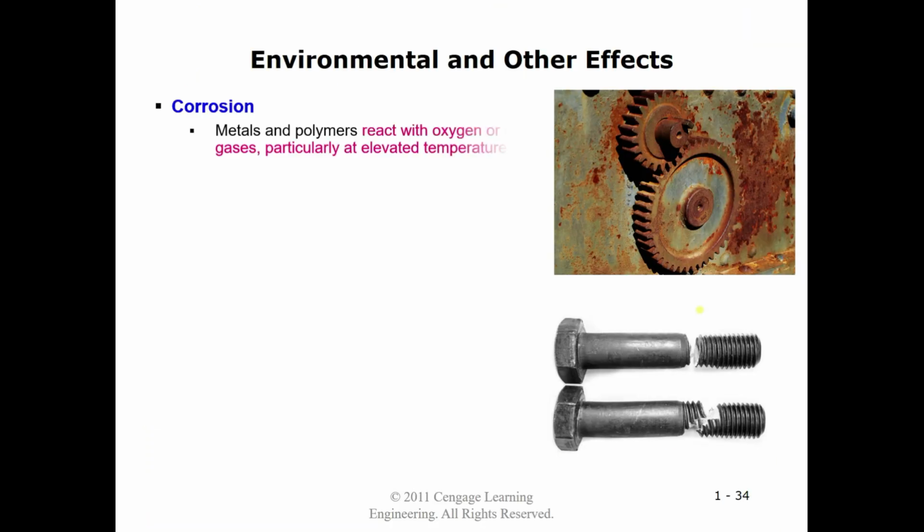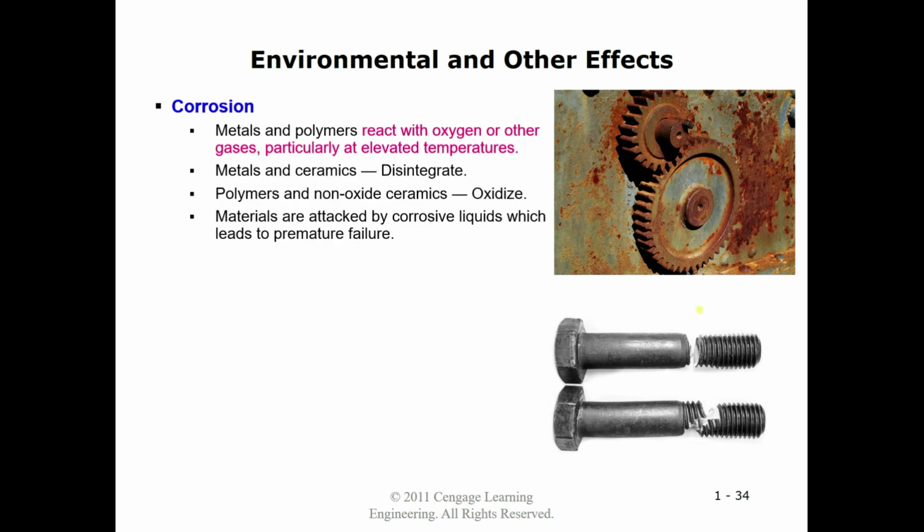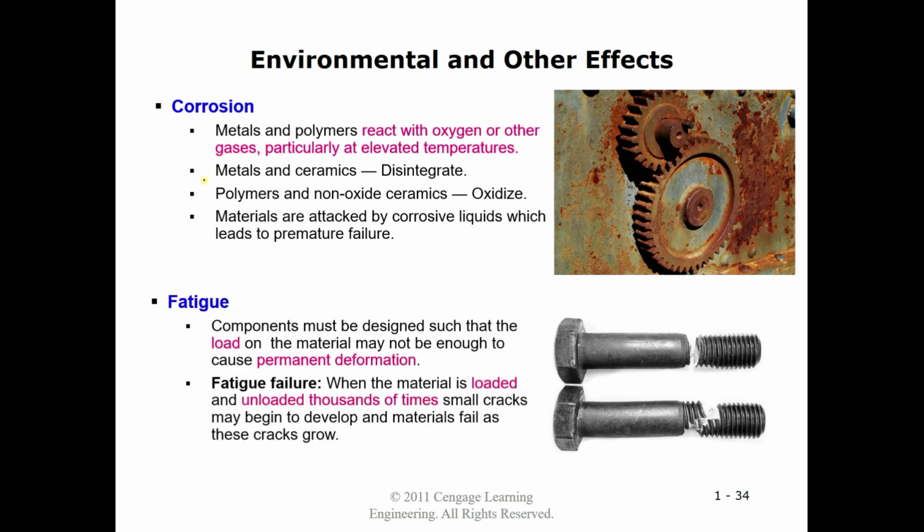Environmental and other effects: due to environmental factors, material can experience corrosion or fatigue. Metals and polymers react with oxygen or other gases, particularly at elevated temperature. So this is what happened to the metal.